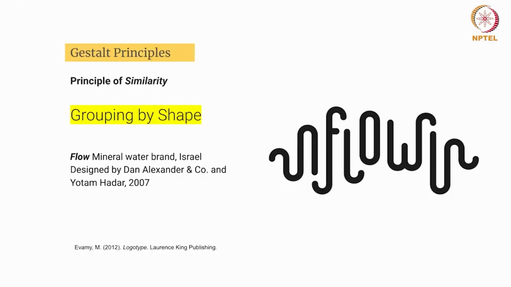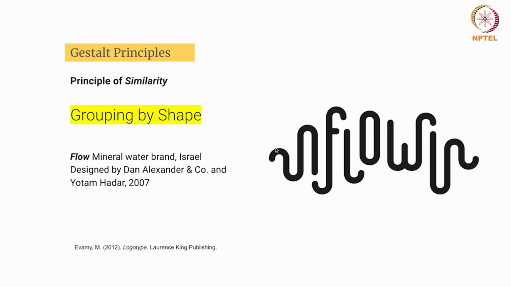This is a very good example where you can see that although these segments are not attached to the overall word flow, since the elements have similar anatomical representation, similar curves, and the edges are softened in a similar manner, overall you are grouping it in terms of similar shape.